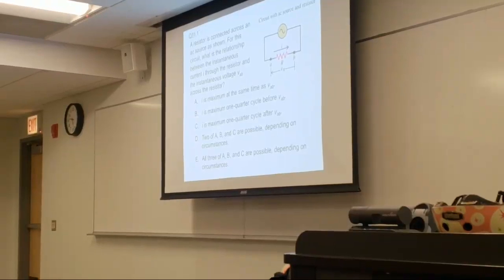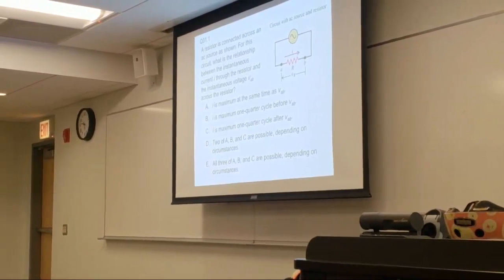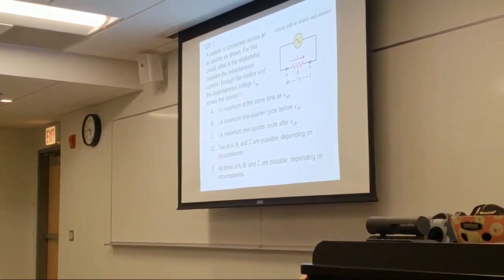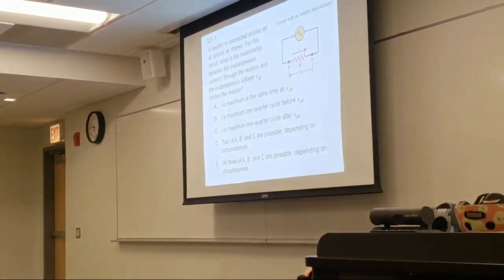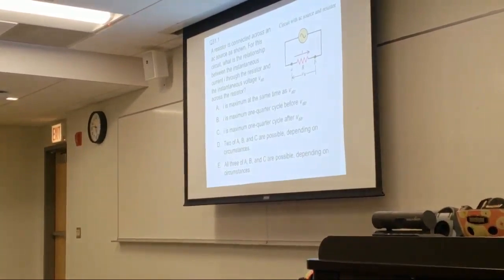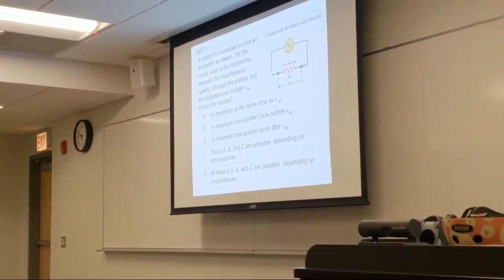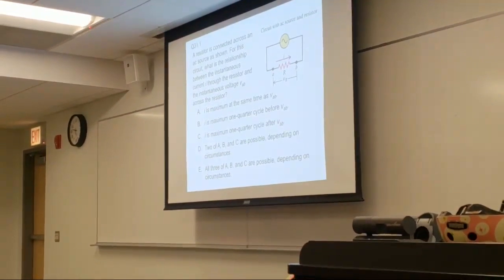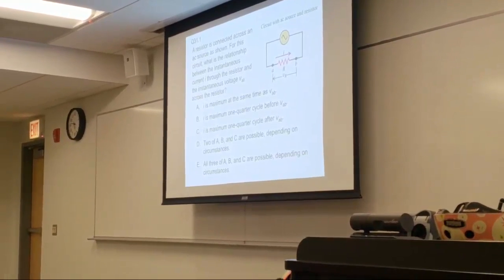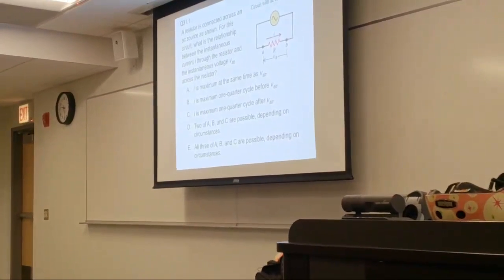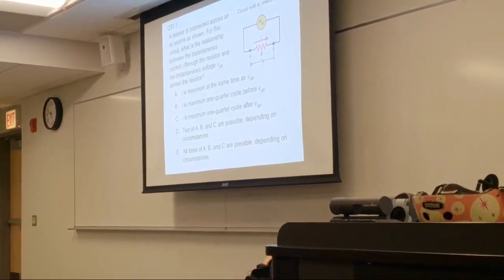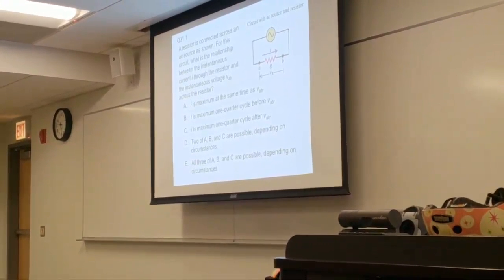A resistor is connected across an AC source as shown. For this circuit, what is the relationship between the instantaneous current I through the resistor and the instantaneous voltage AB across the resistor? It's simple, right? V equals IR, that's right.